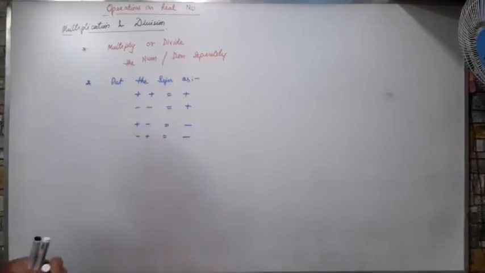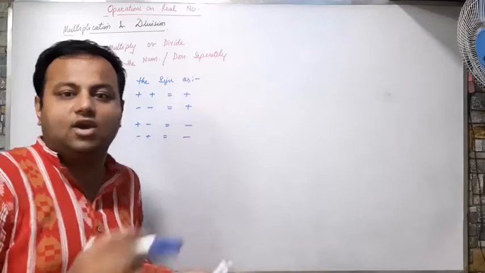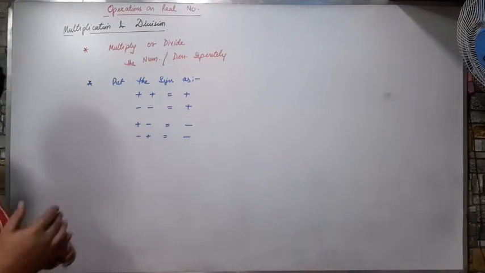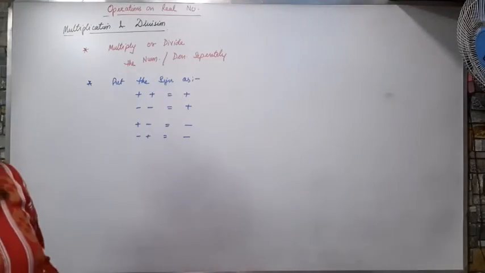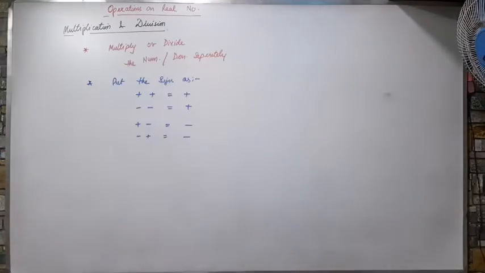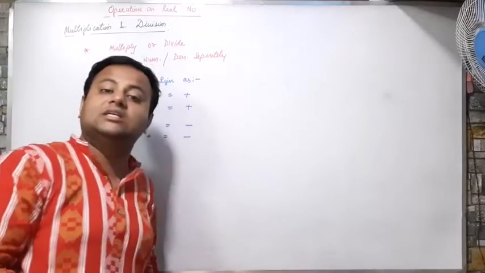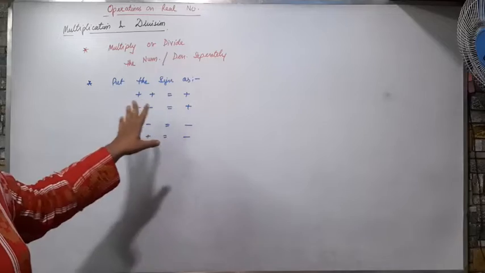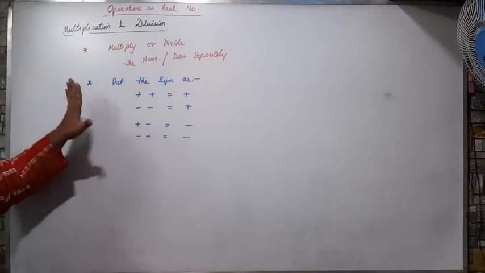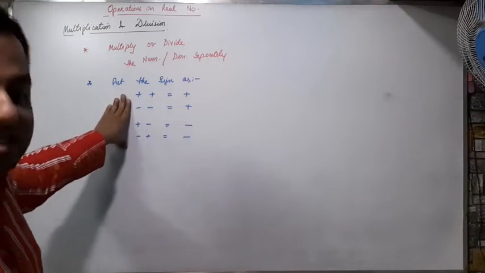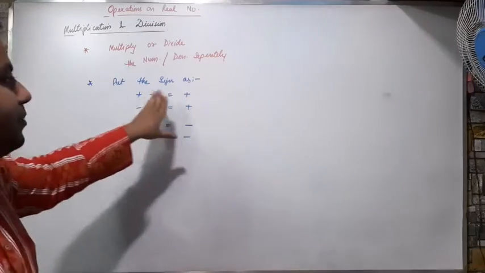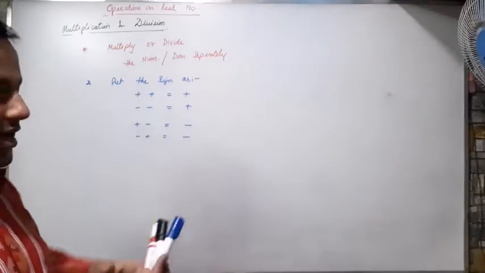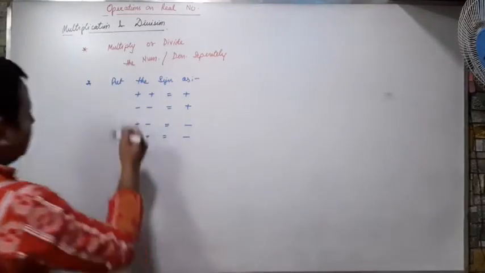You don't have to see which is larger or smaller. In case of addition and subtraction, we have to see which number is bigger for putting the sign. But in multiplication and division, we just see the sign in front of the number. If both are positive or both are negative, I will put the plus sign, and if the signs are opposite, I will put the negative sign. So, let me explain this by an example.